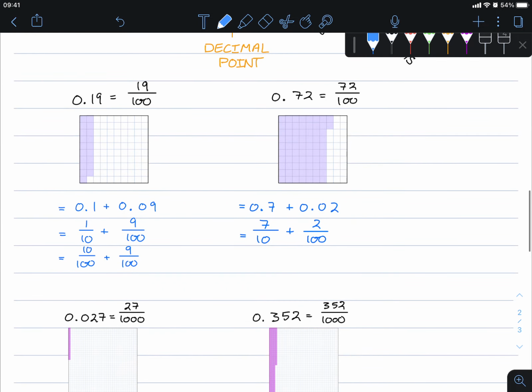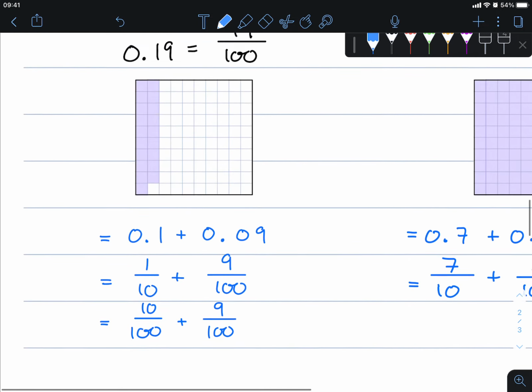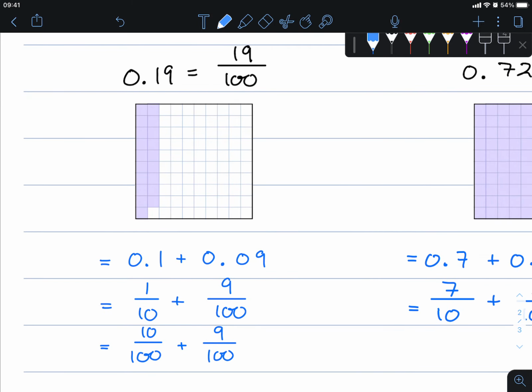And here's another example of converting these. So we know that 0.19 is 19 over 100 because the smallest part determines the denominator. So this is tenths, but this is 100th. So the 100th is the largest denominator.